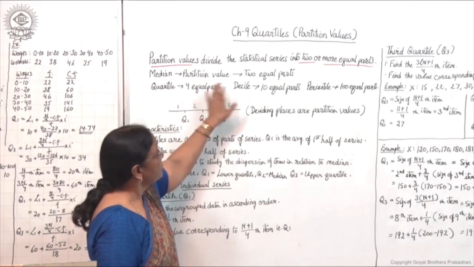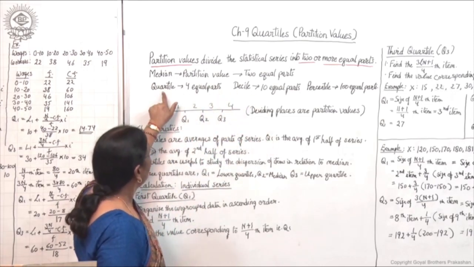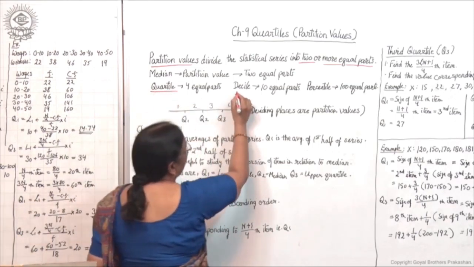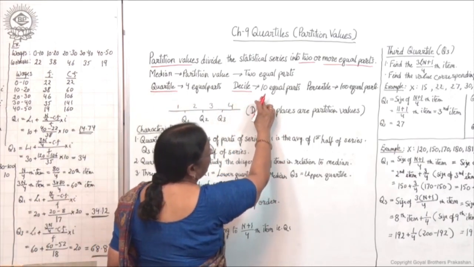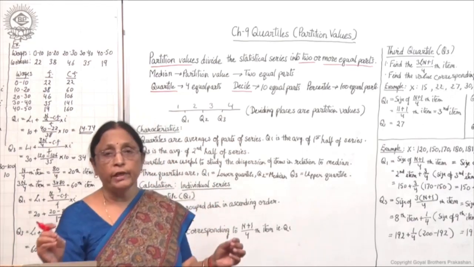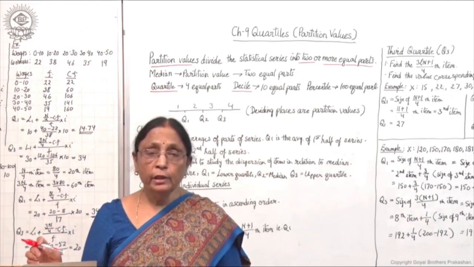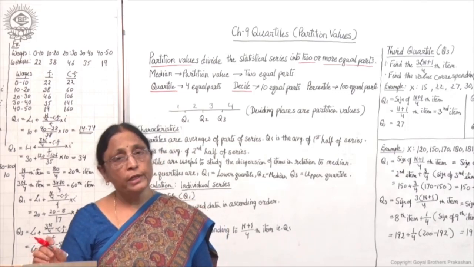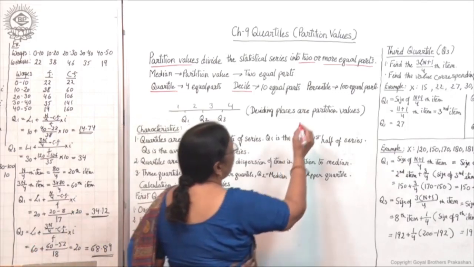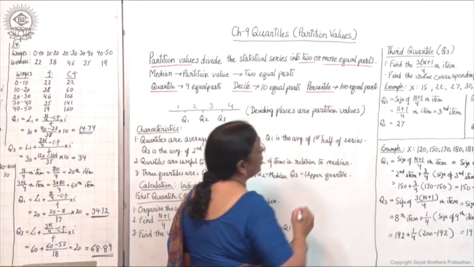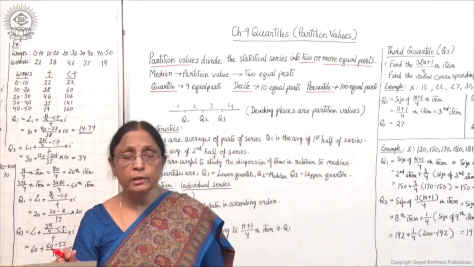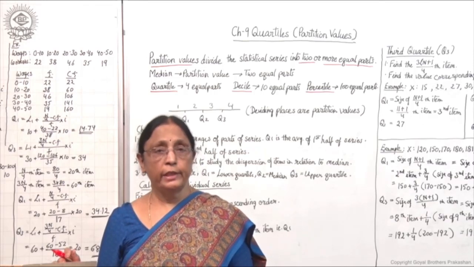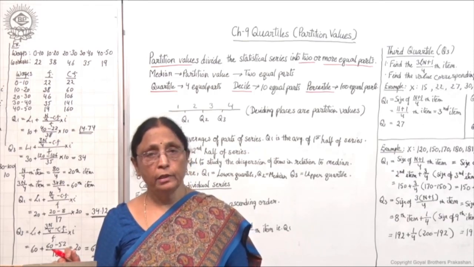Decile and percentile are all different partition values. One is quartile, four equal parts. Another is decile, where the whole series is divided into 10 equal parts. When the whole series is divided into 100 equal parts, it is called percentile, right?